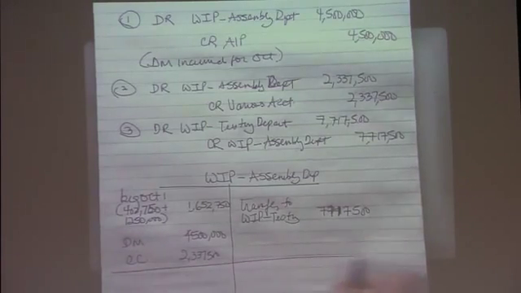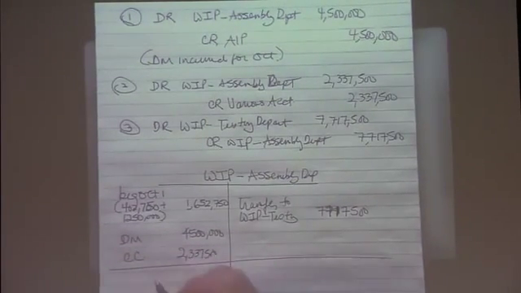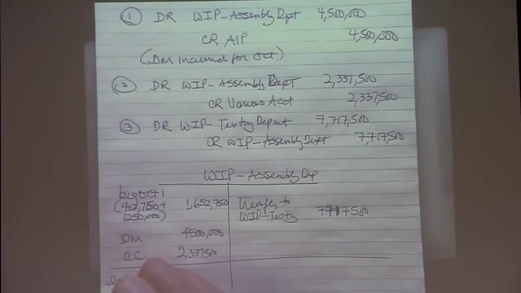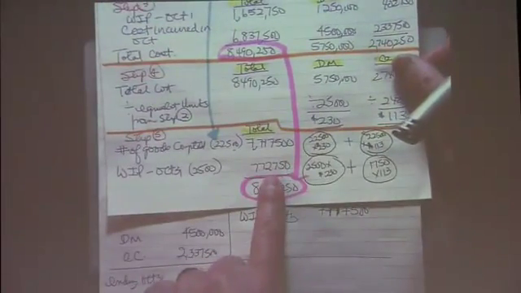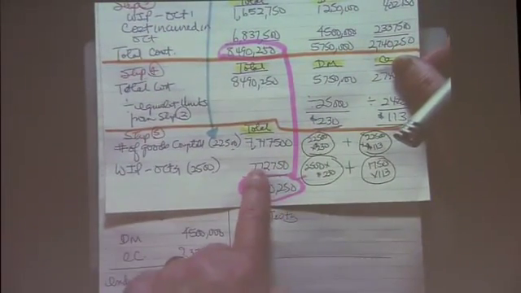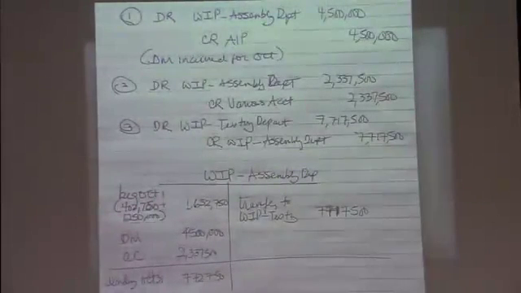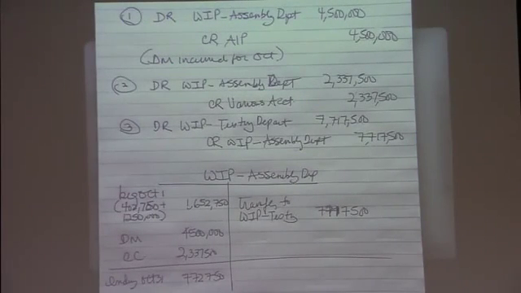So that what happens at the end is we have an ending balance of 772,750, which happens to be this number. That's our ending work in progress. Okay? Thank you.